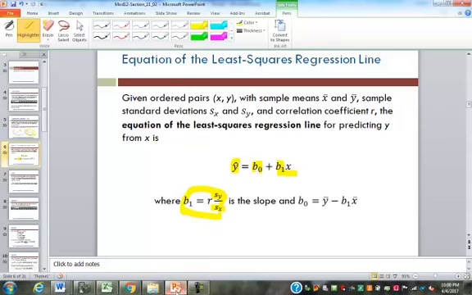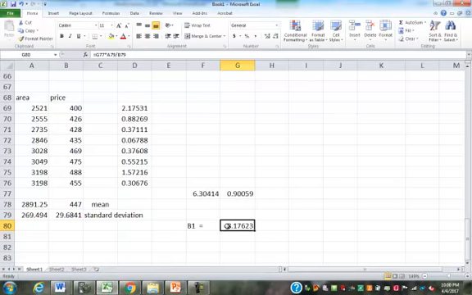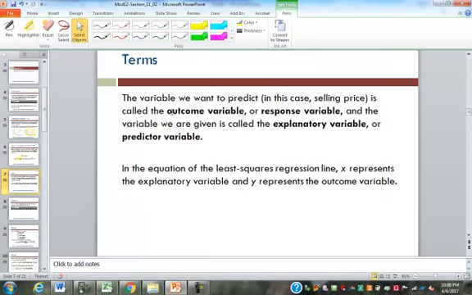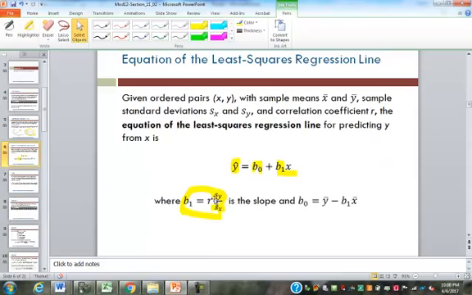Oops, I got that backwards. So it'd be standard deviation of the y over the standard deviation of the x. Let me change that. That's going to change it some. So I'm getting 0.099. This is kind of equivalent to the slope.